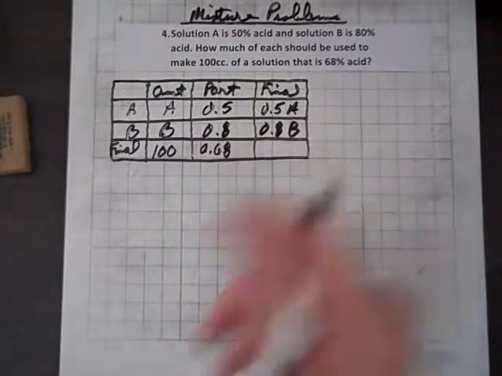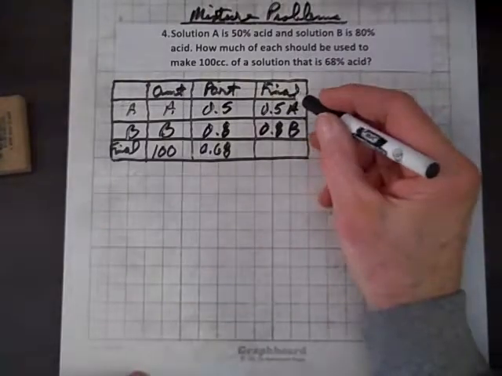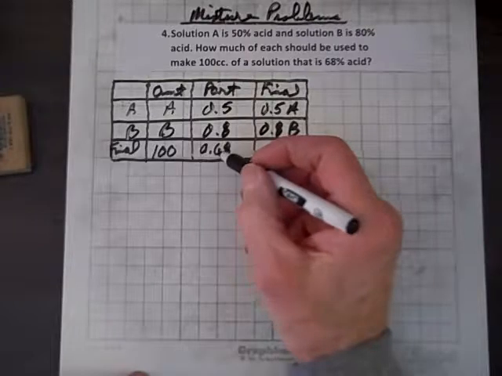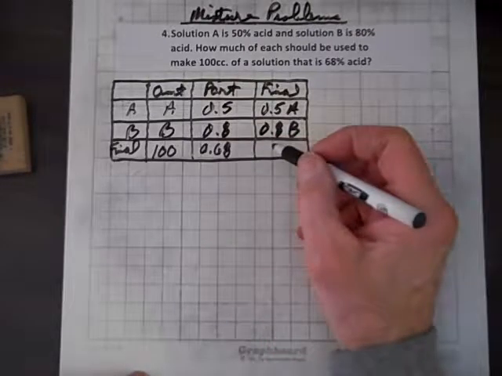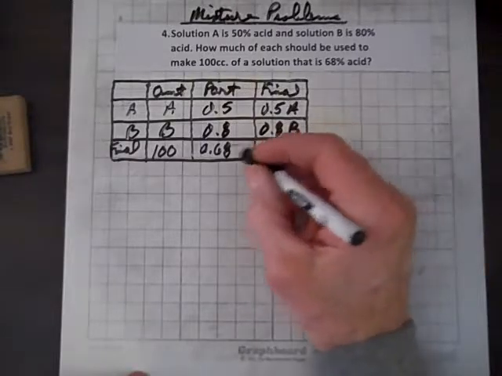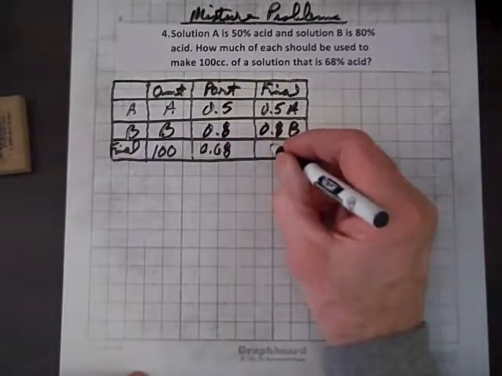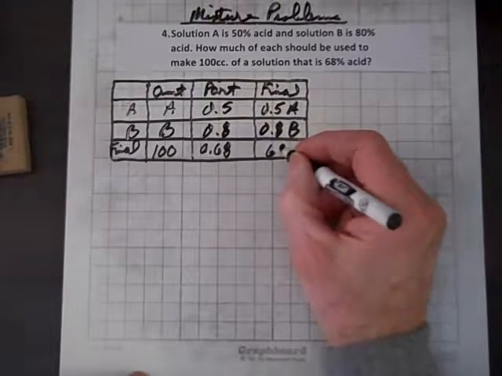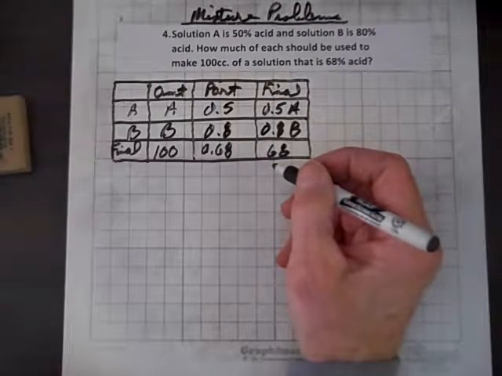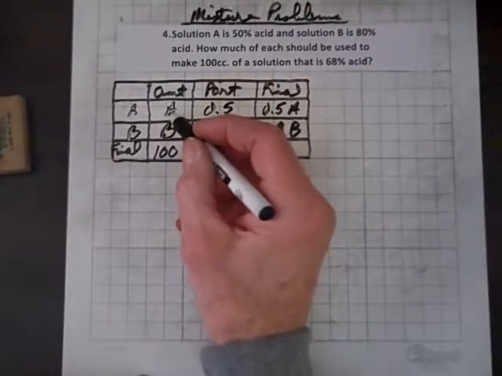And so now the final volume is going to be 0.68 times 100. So moving that decimal over twice, multiplying by 100, we will get 68. So we're going to get two equations, two unknowns out of them here.